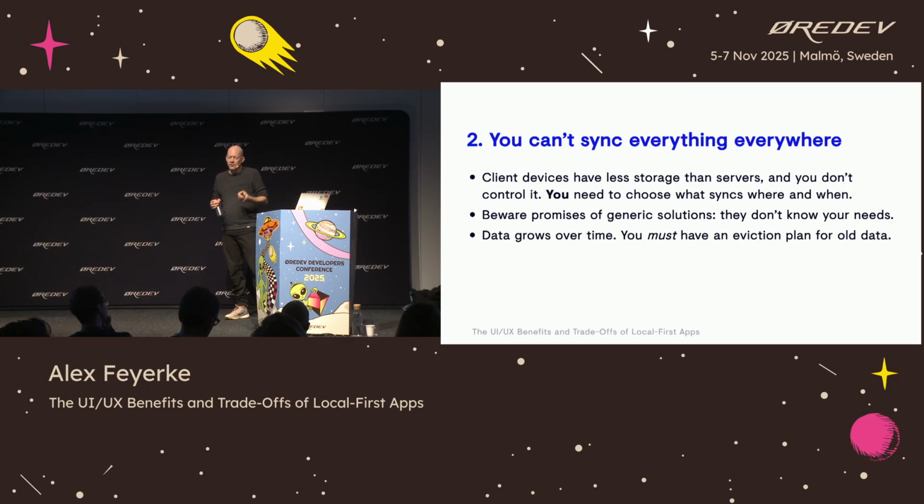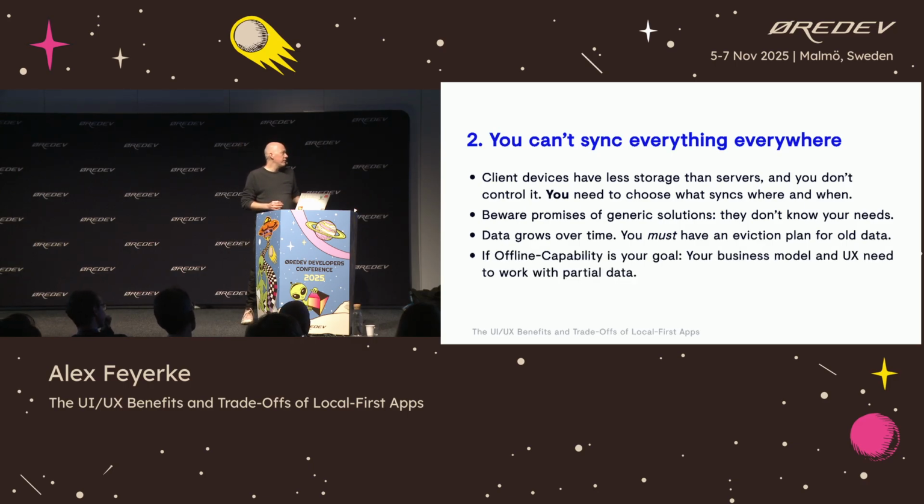You can't just keep filling it up, right? And all of this means that if you really want to build an offline app, you have to make sure that your business model actually can accommodate that. You will only have partial data in some cases. So e-commerce, for example, is a really bad candidate for sync engines. It just wouldn't provide any benefit, just problems.